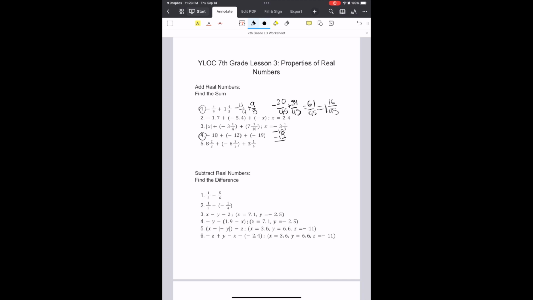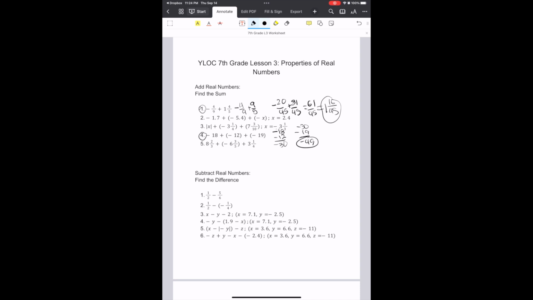So negative 18 minus 12 is 30, so your answer is negative 30 minus 19. So negative 30 minus 19 is equal to negative 49. So your answer for this one is negative 49.